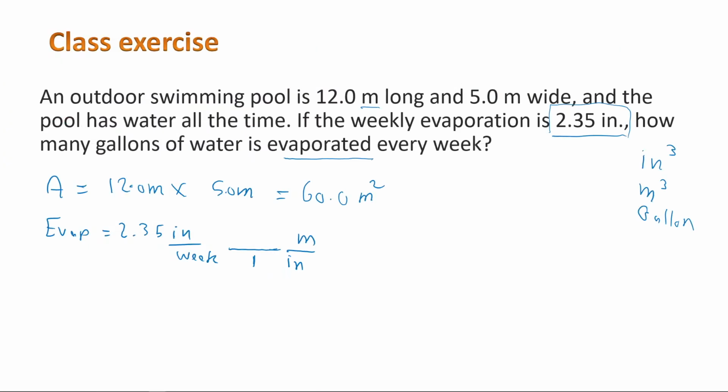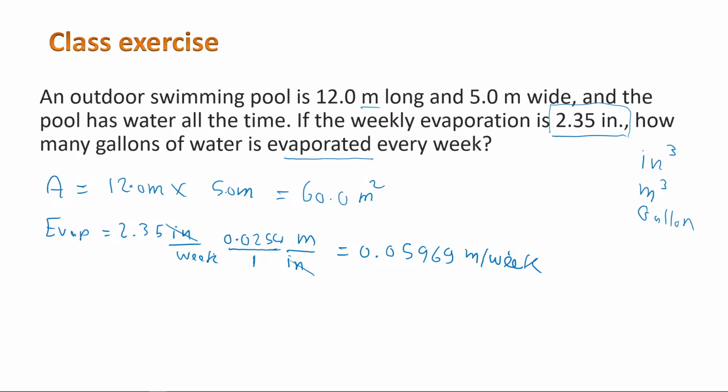So 1 inch is equal to 0.0254 meters. Now I can get rid of the inches, and if I multiply these two together, I will get 0.05969 meter per week.